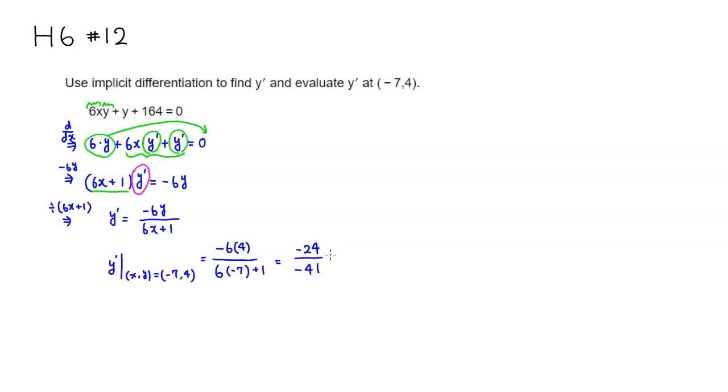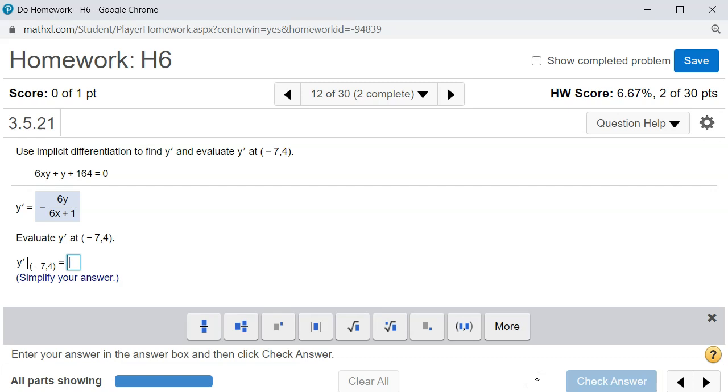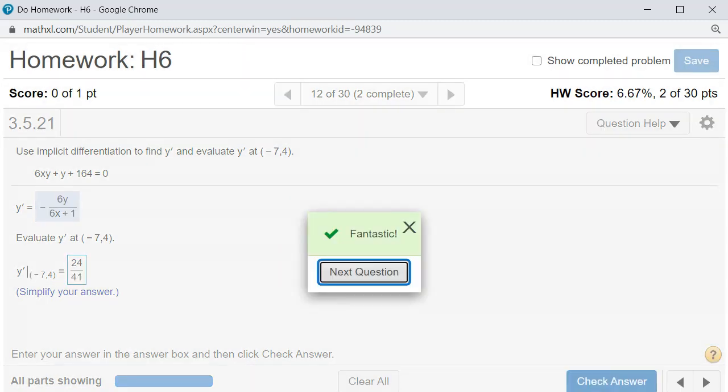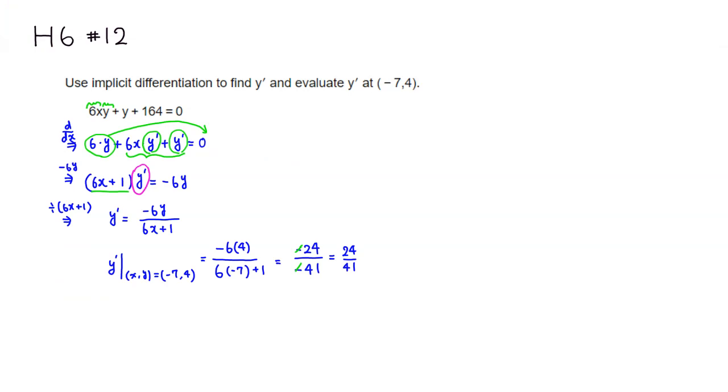So this is equal to 24 over 41, because we can just cancel out the negative sign. Let's type it in: 24 over 41. Let's check the answer. We got that. That's it. I hope that this was clear.